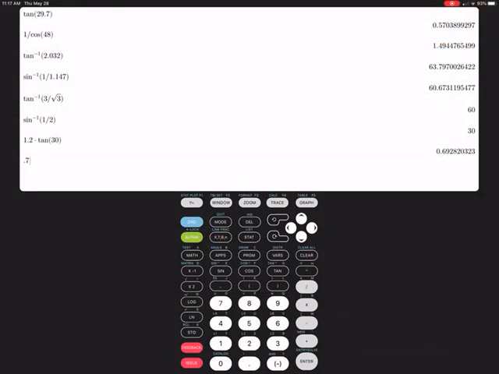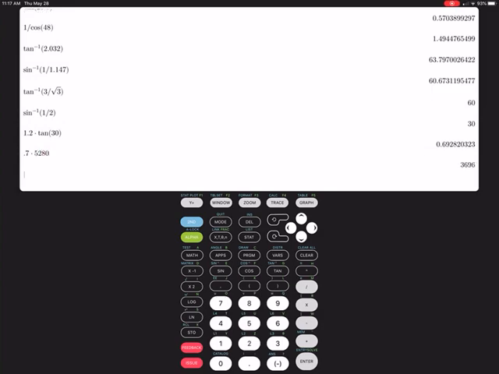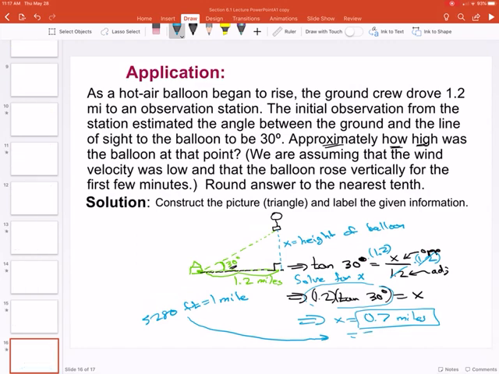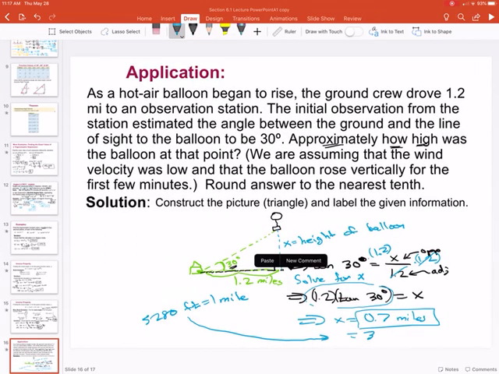What's 0.7 times 5,280? 3,696 feet. But again, we used right triangle trig to solve for my unknown.